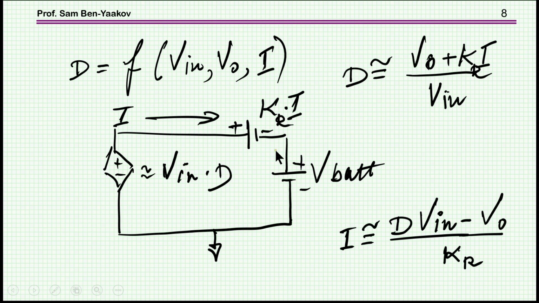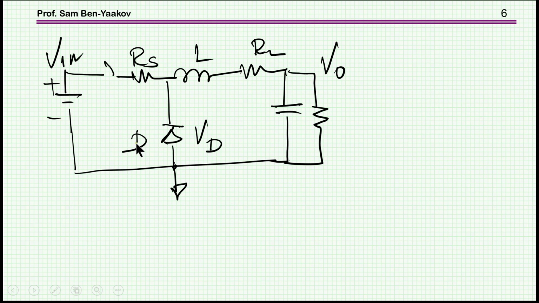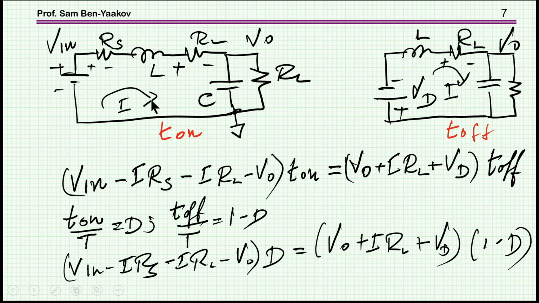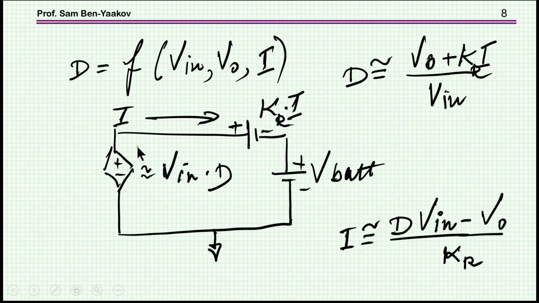You can look at it in the following way, in a simplified, more intuitive way. You can say that the switcher, here it is, switch here, and I'm neglecting here now RS, let's forget about it, is producing an average voltage, which is V in times D. This is the average voltage due to the duty cycle operation of the switch.